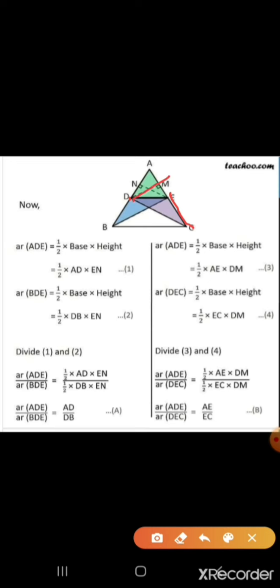So the area is half into EC into DM. Area of ADE is half into AE into DM. Here you want to divide these two areas. When we divide and cancel the common term, DM and DM get cancelled, and we get the ratio AE by EC.